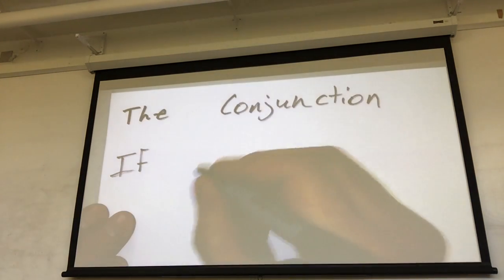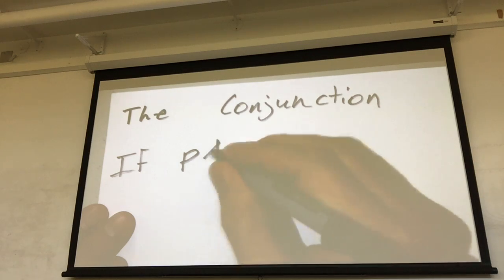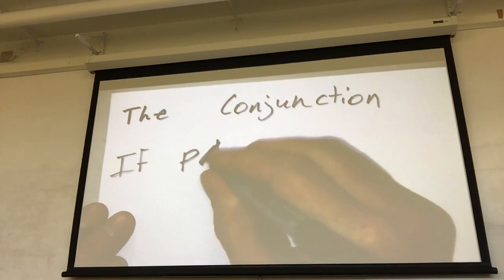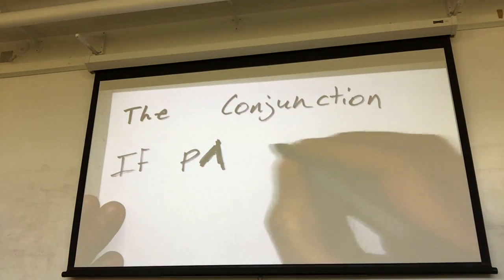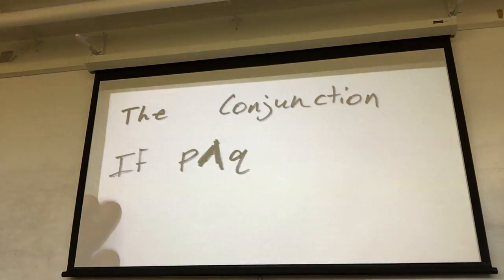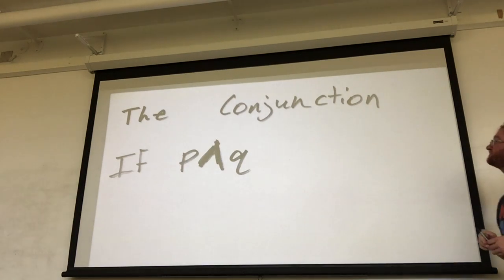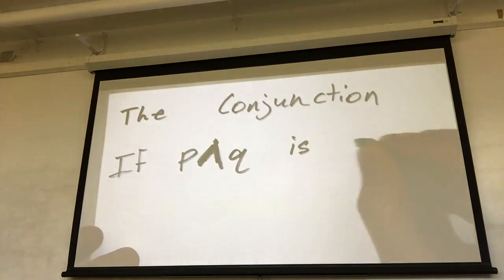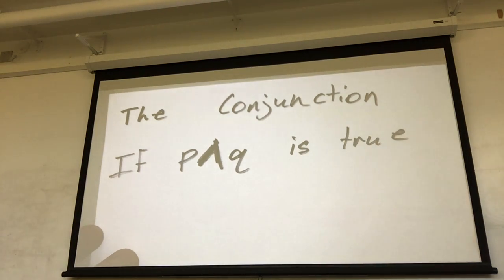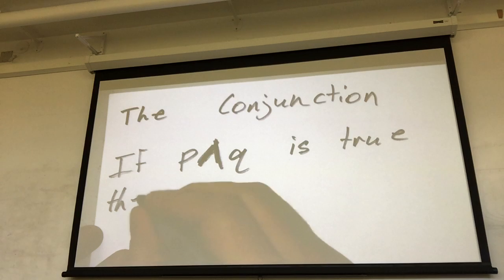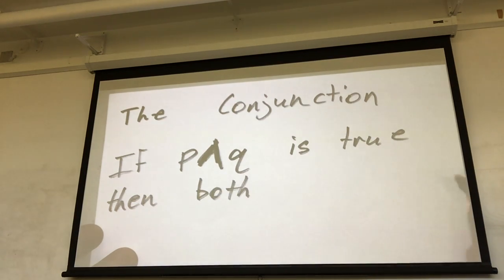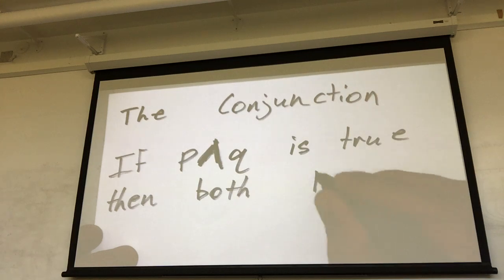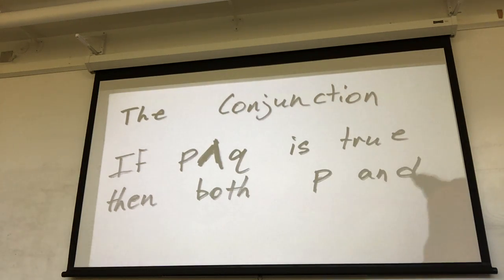If we have P and Q, I always have a tendency to draw a little dash right there because whenever I draw that symbol, I actually think of a different symbol. Okay? So if P and Q is true, then both P and Q are true.